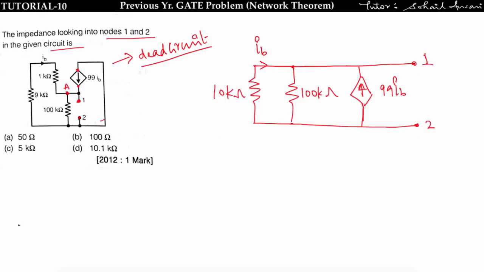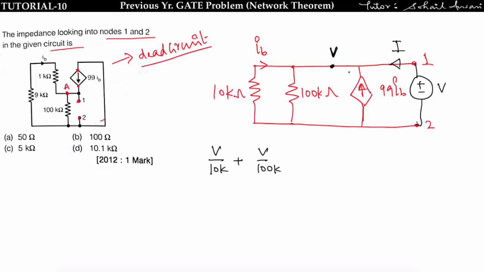Now what I am doing, I am applying some voltage here, V, and I am assuming some current I is flowing. The ratio of V upon I will give the impedance. Now apply nodal here at this node V. This is at V potential, means this is also at V. Okay, apply nodal, you will get V by 10k plus V by 100k.